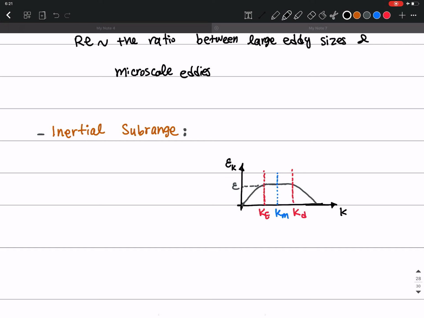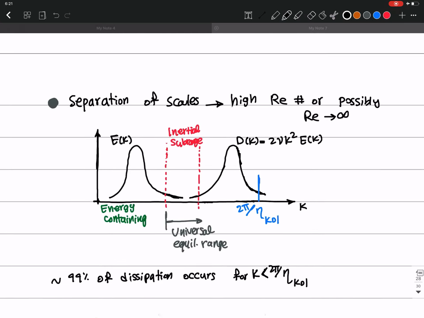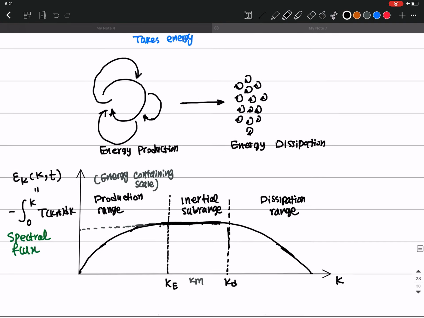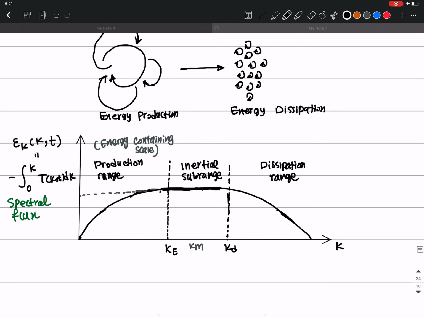So we know that the spectral flux epsilon k for Km, as you see here, is going to be a constant, and it's going to equal epsilon, where Km is between KD and KE, right? If you remember, we talked about it in the previous lecture.